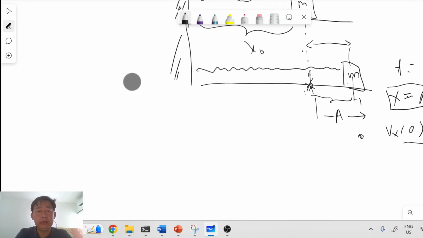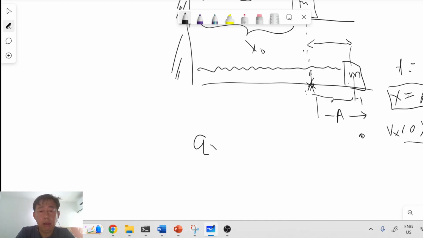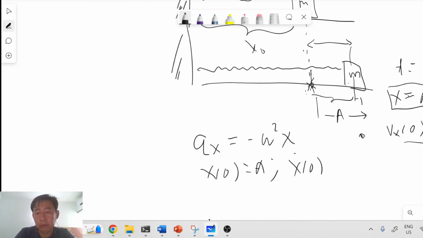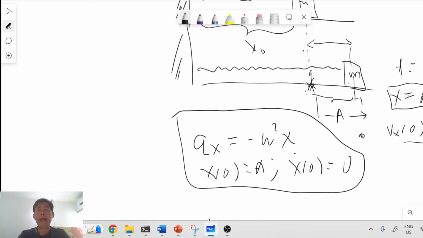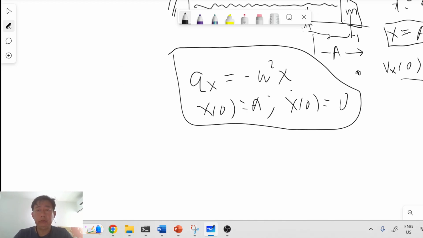Given that the acceleration of the particle is equal to minus omega square x, and x0 known to be a and x dot 0 known to be 0, with these three conditions we can write a code to describe how the x of the particle can be calculated from one time step to another time step.